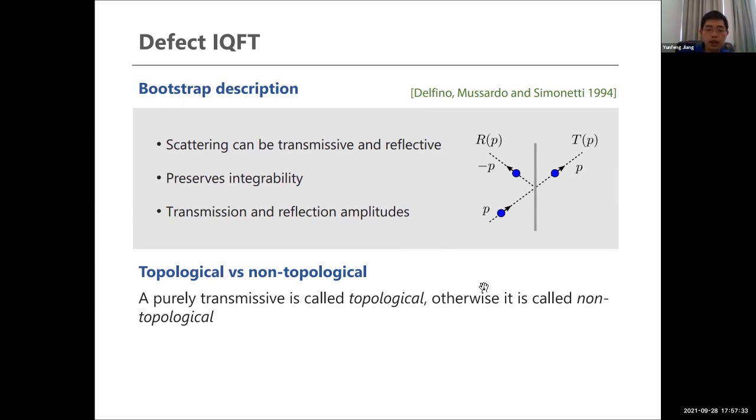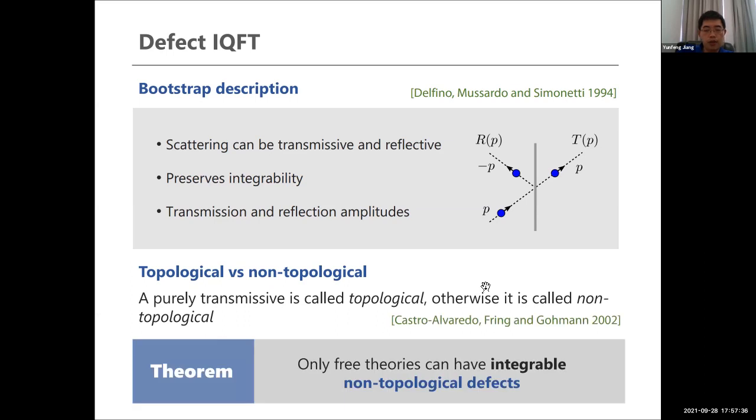About this topological and non-topological defect, there's a useful fact, which is a theorem proved by Castro-Alvaredo, Fring, and Göhmann. They show that actually only free theories can have integrable non-topological defect. This means if you take any interacting integrable model like sine-Gordon, and then you require the defect to be integrable, then you have only two choices.